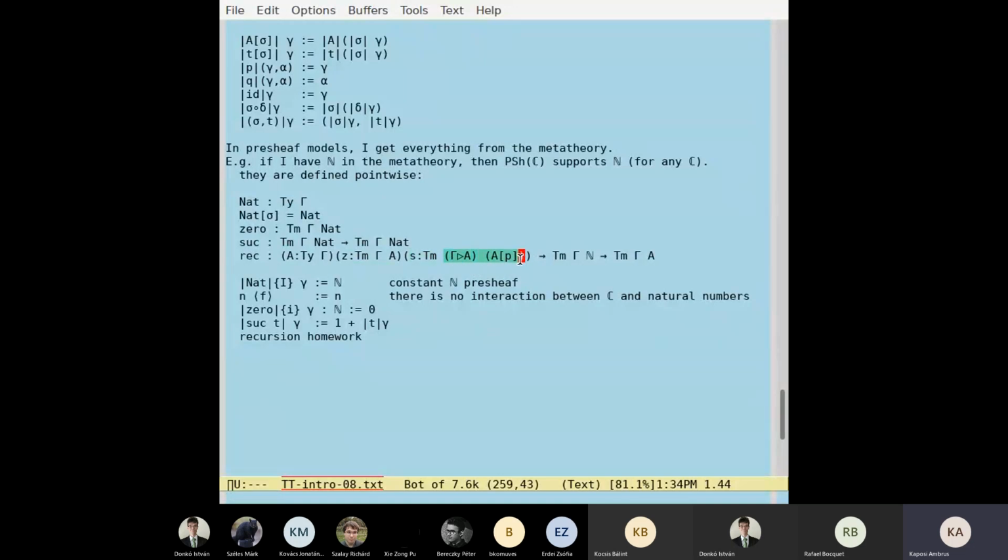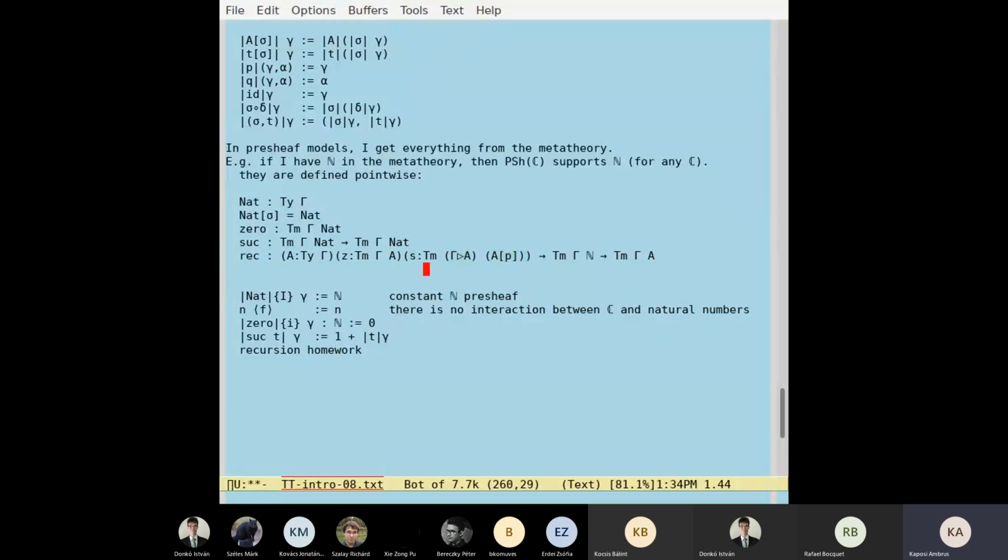I could have written here function space, but I haven't defined function space in the presheaf model yet, and I can just use context extension to express this dependency, right? So the idea is that this is the same as a Tm Gamma A to A, right?